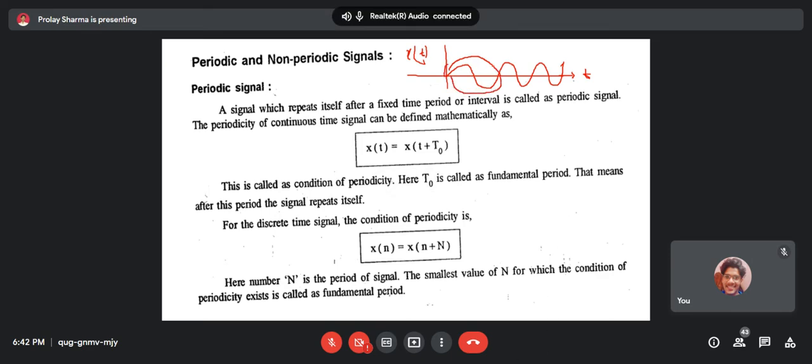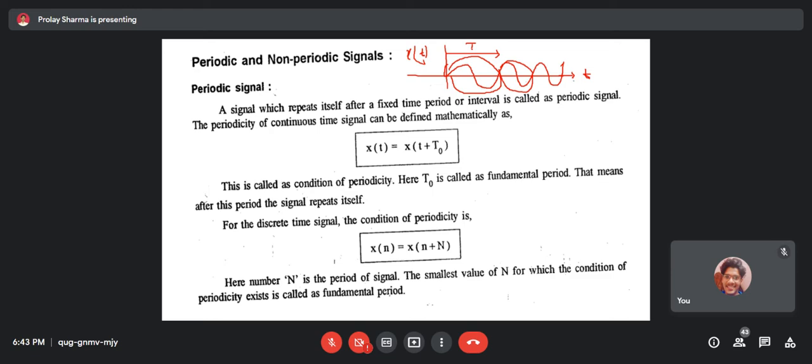This shape comes again. So after a definite time, the same shape is repeating. This time is called the time period. After some specific time, the signal is repeating again and again.